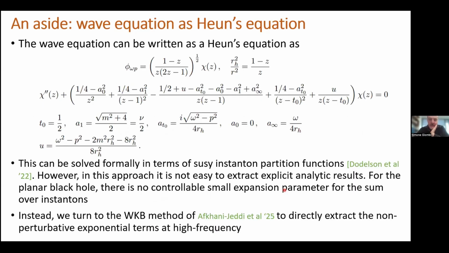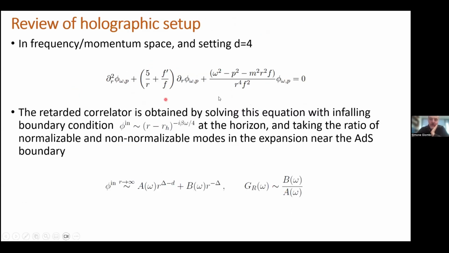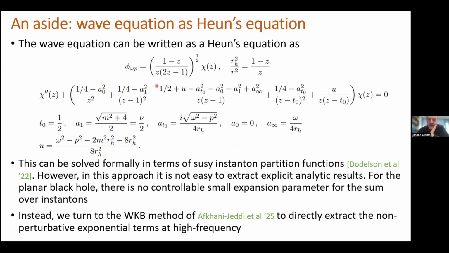Now, as an aside, this wave equation in general does not have an analytic solution. The fact that it can be mapped to the Heun equation was known, but it was shown recently that one can formally write a solution as a sum over supersymmetric instanton partition functions, which in some sense gives an analytic solution.